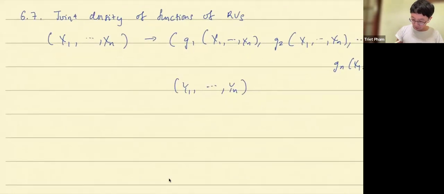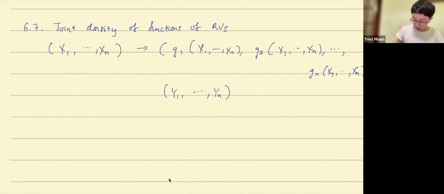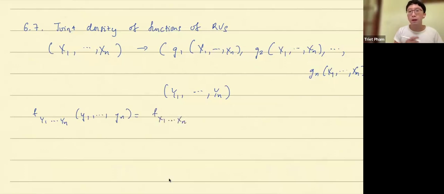Then the density of the new variables is simply the density of the old variables, right?